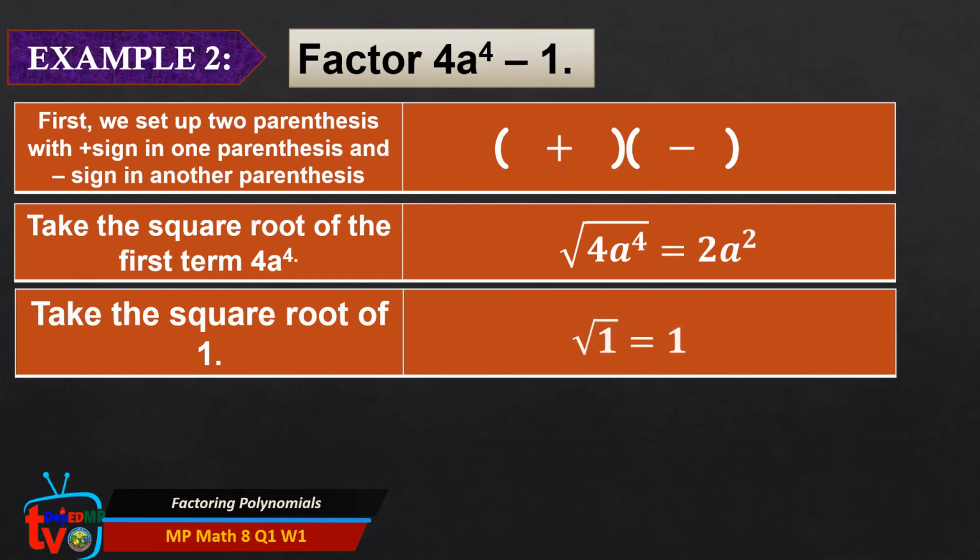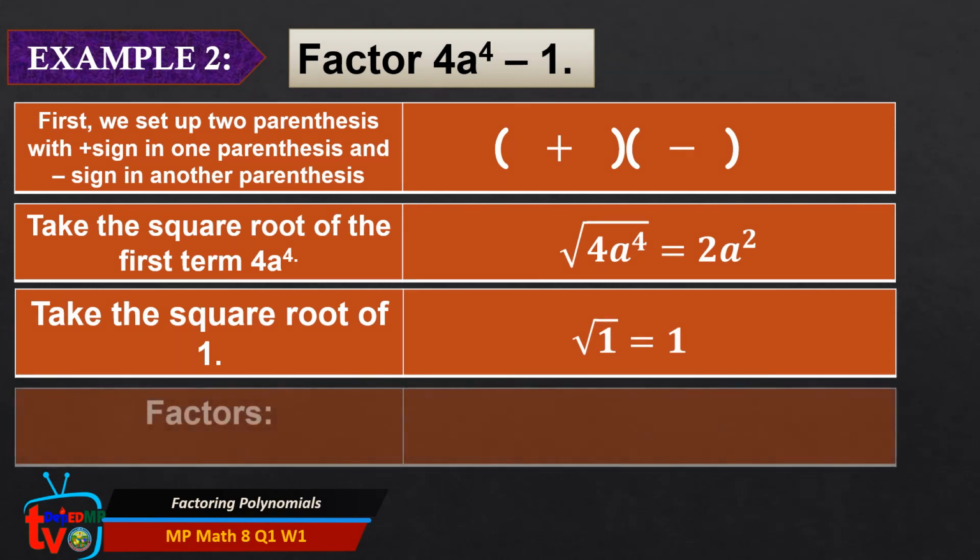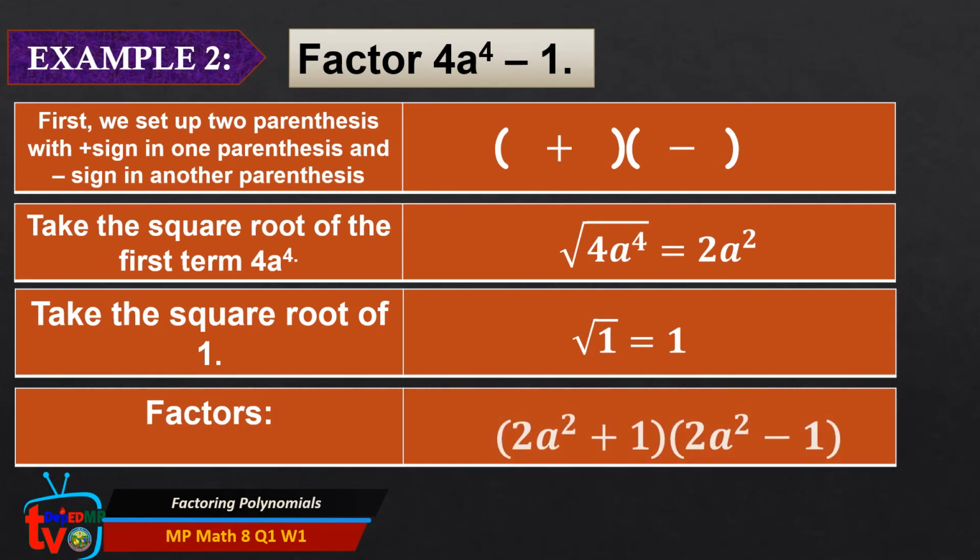So we write 1 as the second term of the two binomial factors. Therefore, these are the factors of the expression 4a raised to 4 minus 1: the quantity 2a squared plus 1, the quantity 2a squared minus 1.